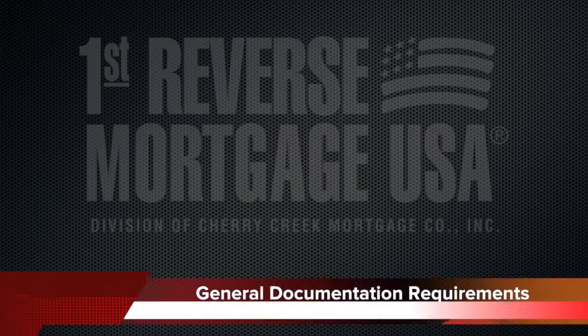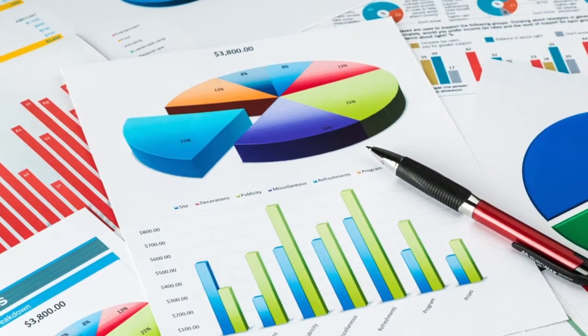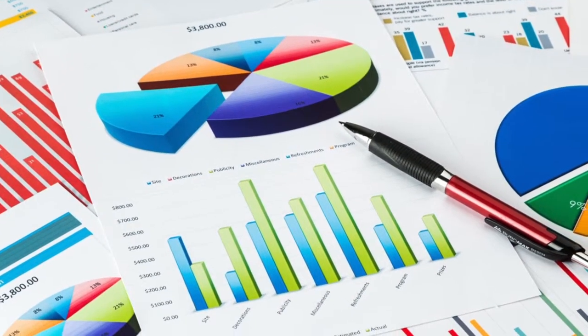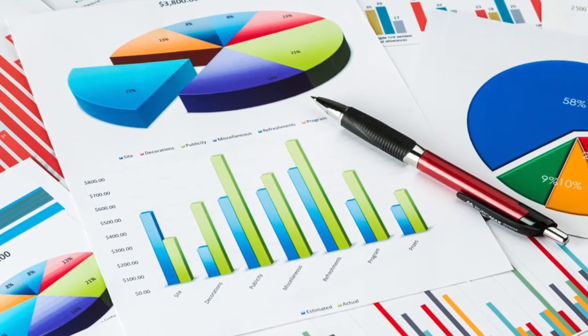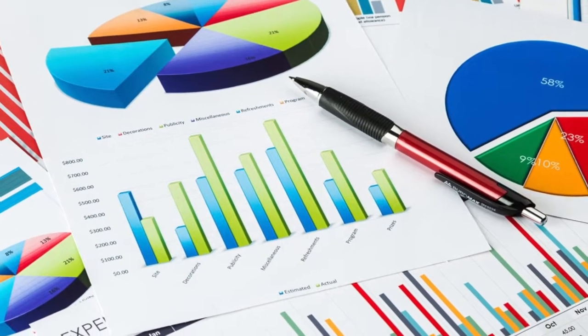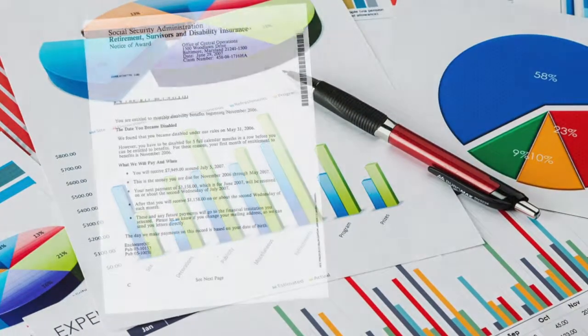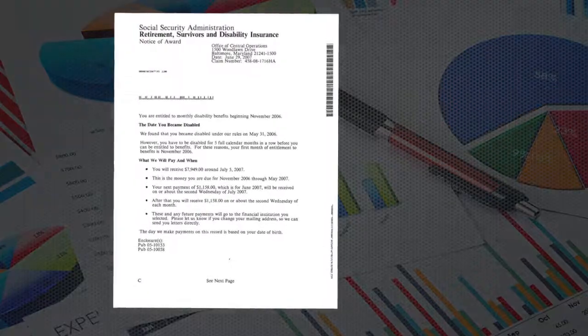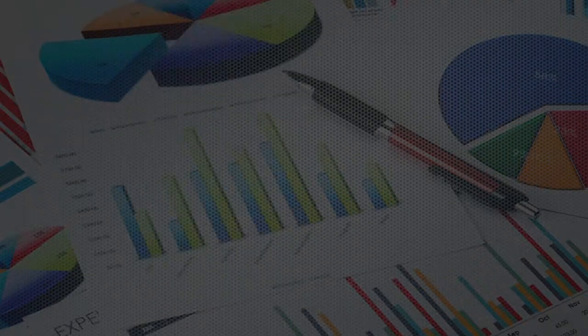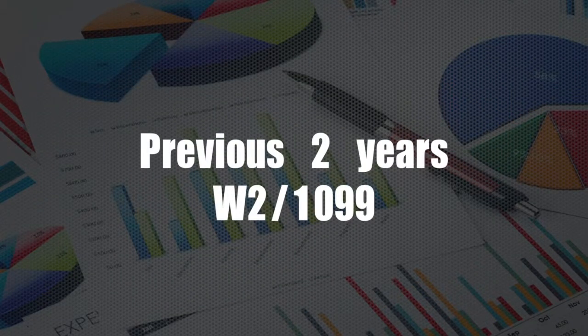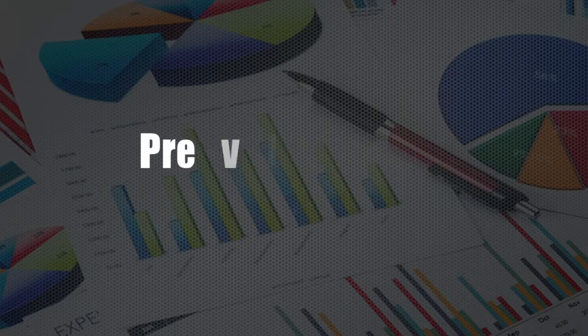In addition to the documents you usually collect from a reverse mortgage borrower, you may need to collect the following: recent pay stubs covering a 30-day period if the borrower is employed, the most recent Social Security and/or disability awards letter when using as their primary income, W-2s and/or 1099s for the previous 2 years to support employment history.